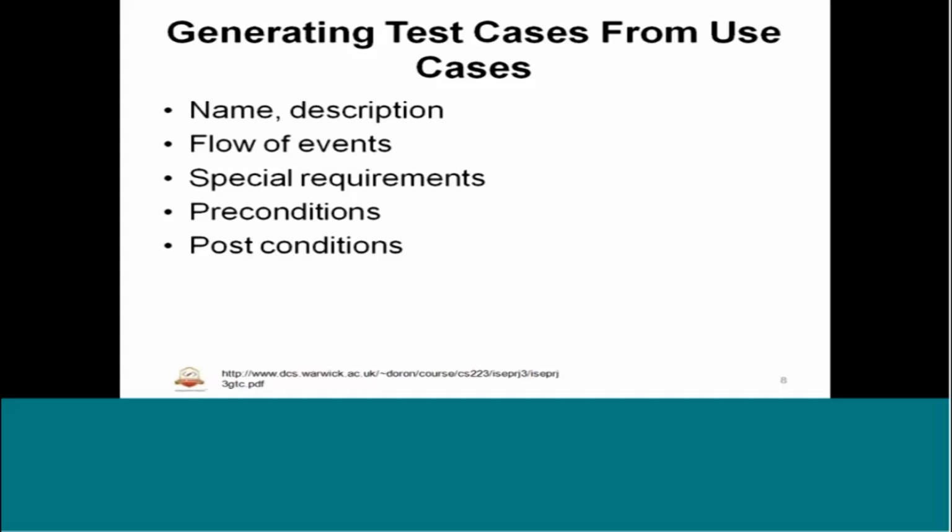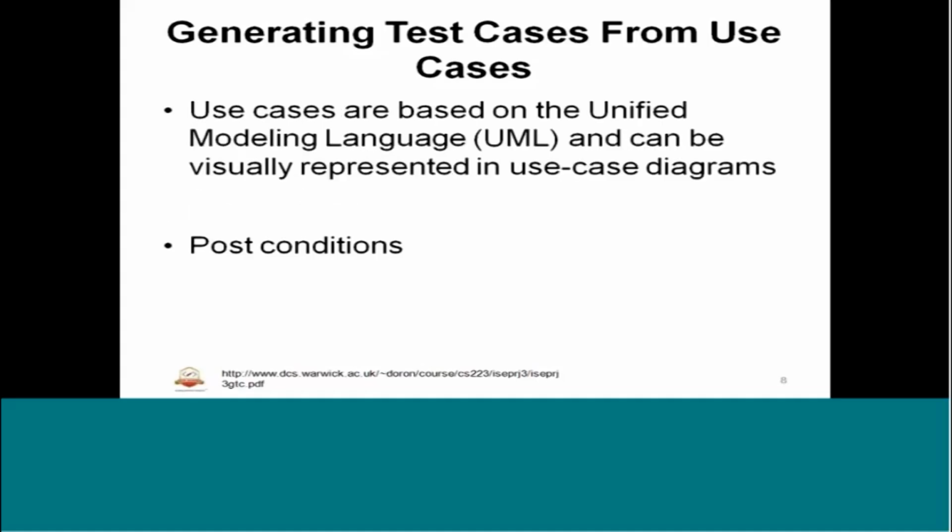Then any preconditions that need to be taken care of for executing that use case, and any post conditions after the test cases have been executed. So all these aspects of use case to test case will have to be taken care of.